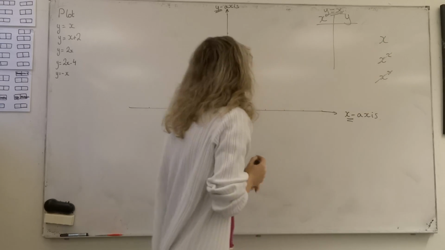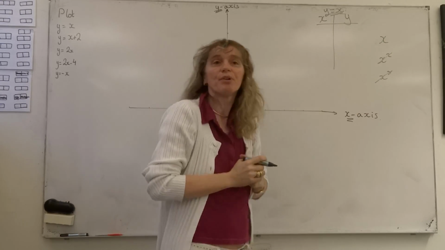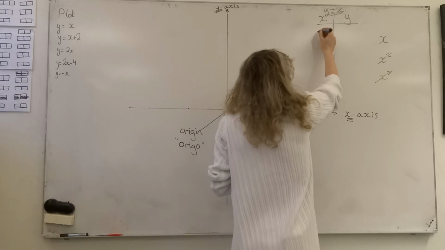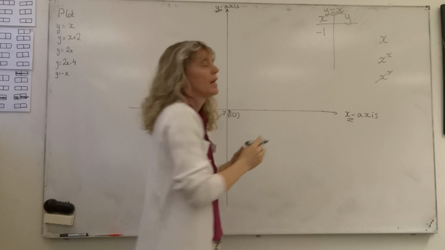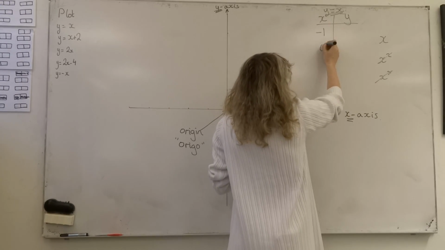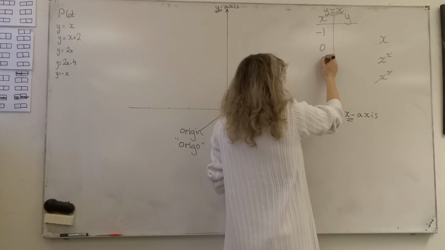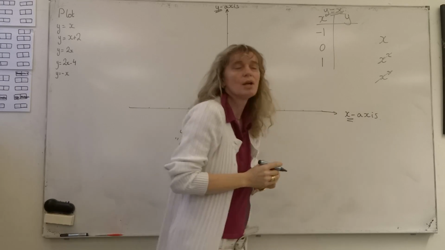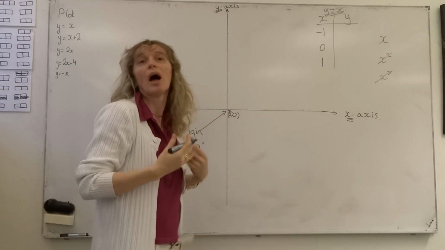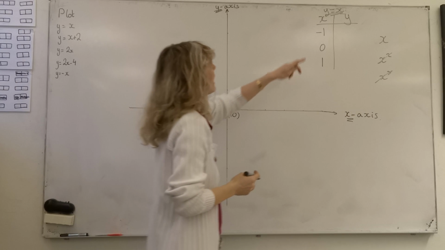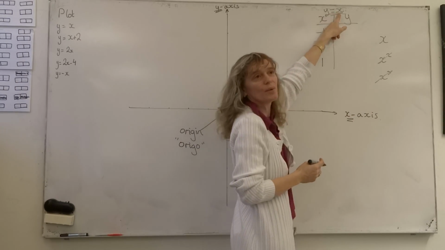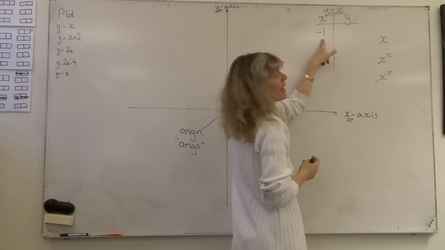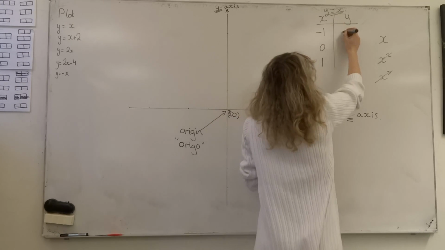Okay? So let's put in some simple values of x. Let's see what happens to y when x equals minus 1, when x equals 0, and when x equals 1. So I'm giving x a number. If x equals minus 1, because y equals the same as x, then y must equal minus 1.